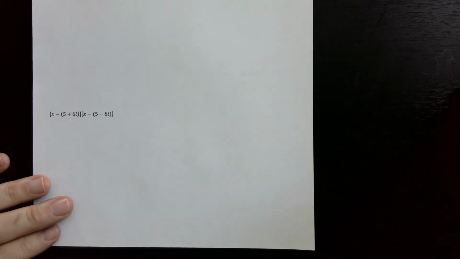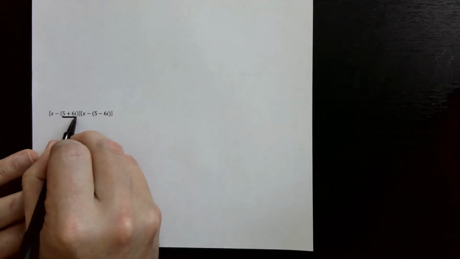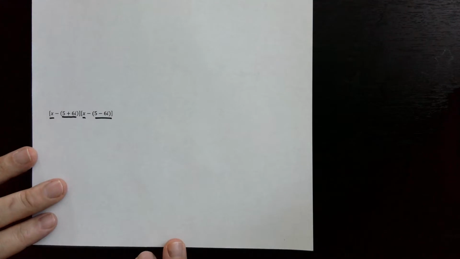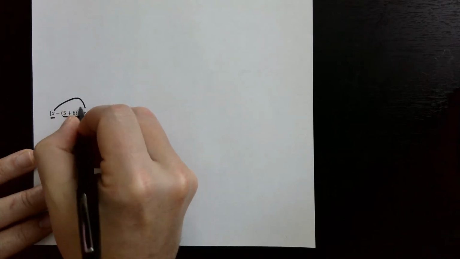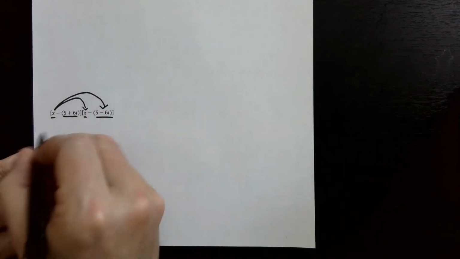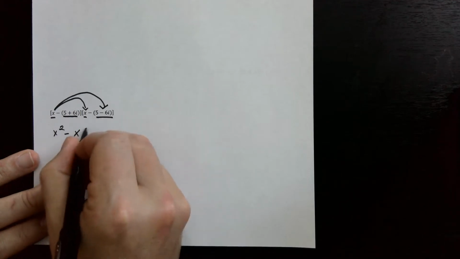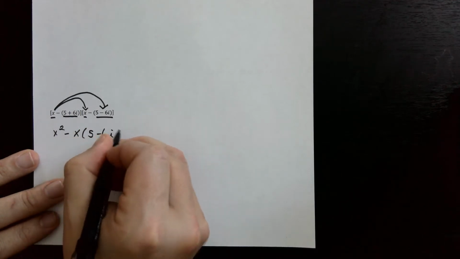Okay, let's try this one. This one we're going to keep grouped together for the time being. We'll treat this and this and this and this as four terms. So we're going to keep the 5 plus 6i and the 5 minus 6i in parentheses for now. We're going to distribute. That gives us x squared minus x times this parentheses, 5 minus 6i.